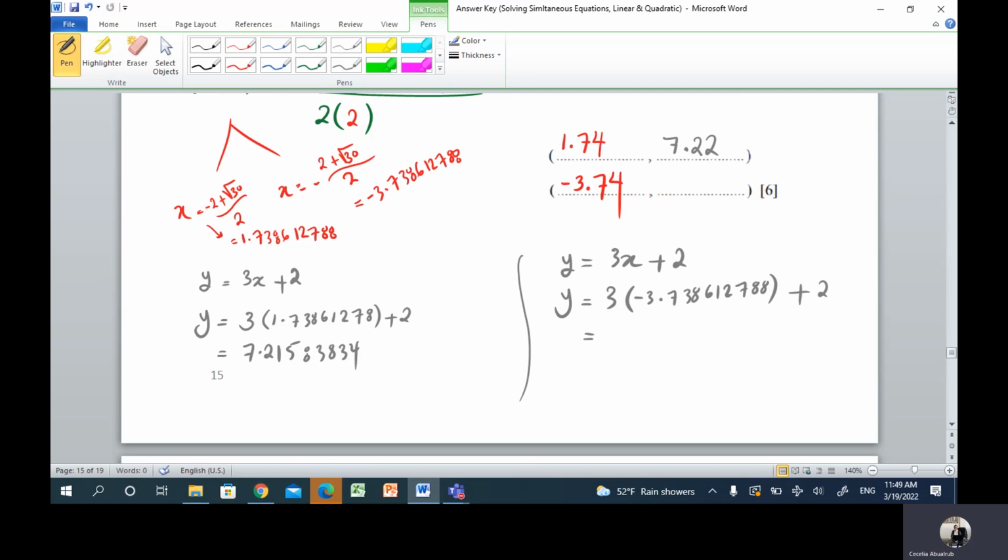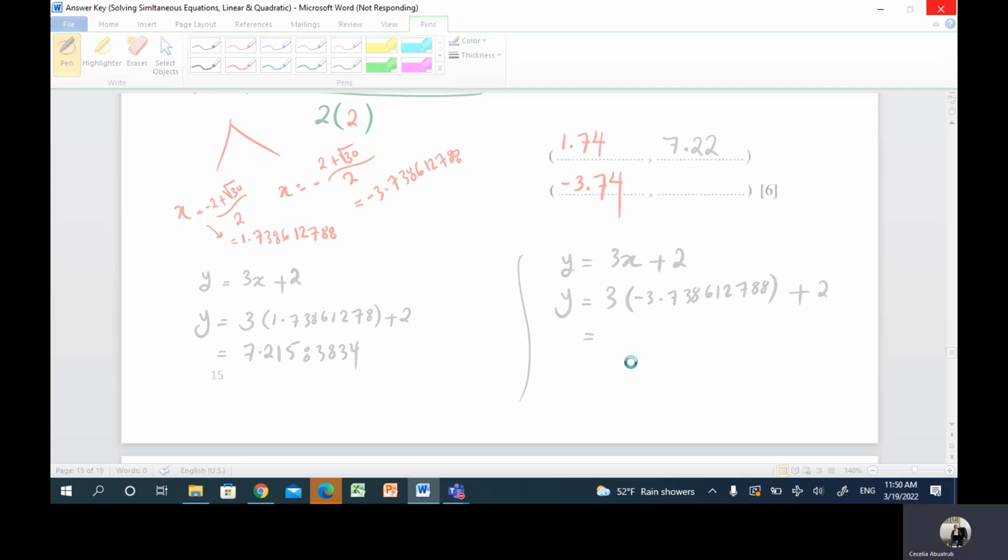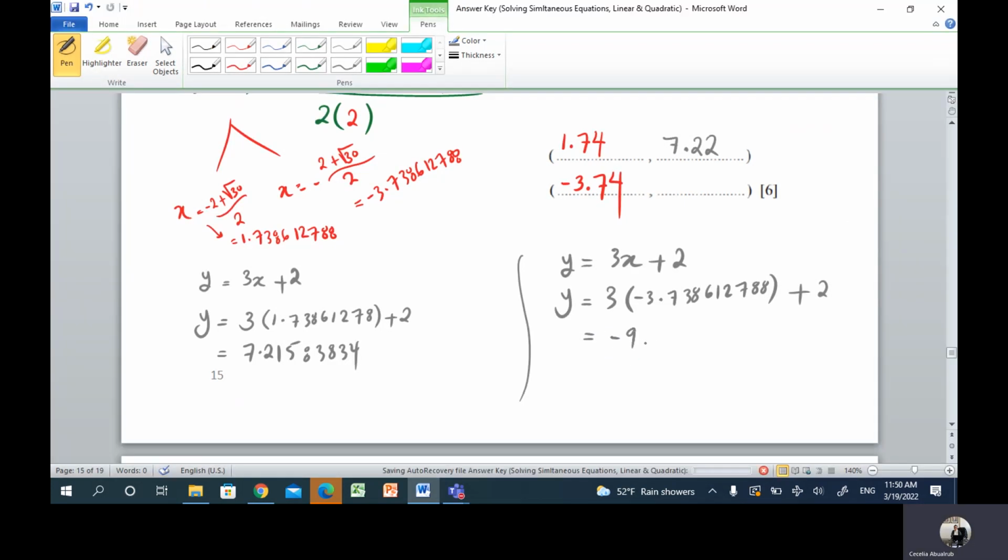And this, okay, let's do that in the calculator. 3 times negative 3.7386127888, close the bracket, plus 2 equals, the answer will be negative 9.215838364, and so we're going to round it to one decimal place.